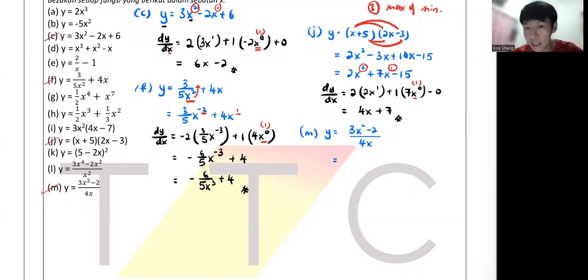We split the 4x, divide separately, so then we can differentiate later. You can see that it's the same thing. If you bring the x on top and then open the bracket, it's the same as how I do it here.